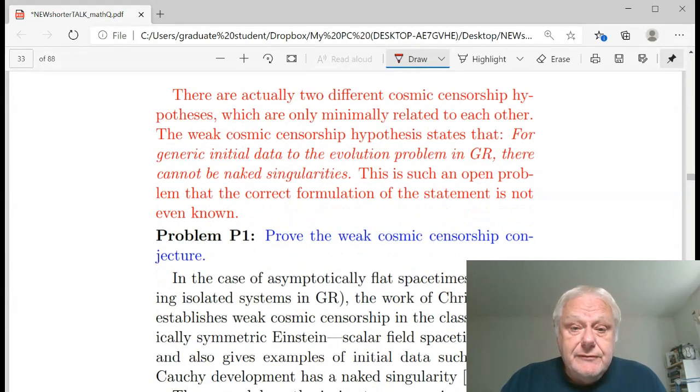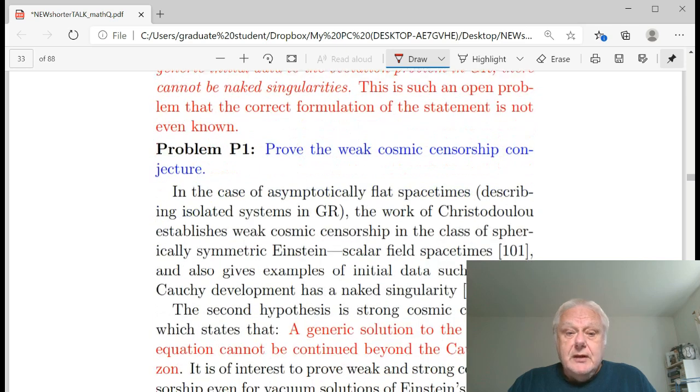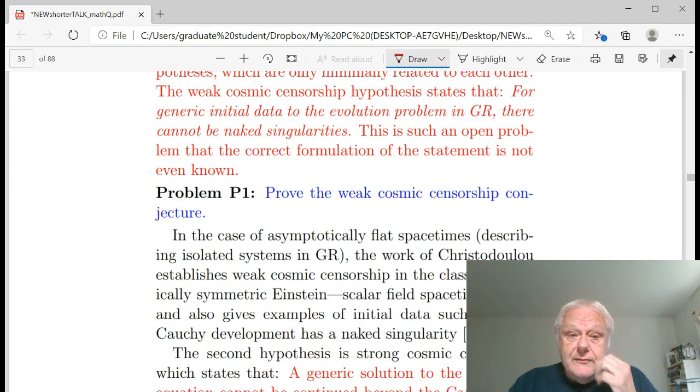There are actually two different versions of this conjecture, related to each other but distinct. The first one: prove that for a general initial data, generic initial data, using the evolution equations of GR to propagate the solution, there cannot develop any naked singularities.